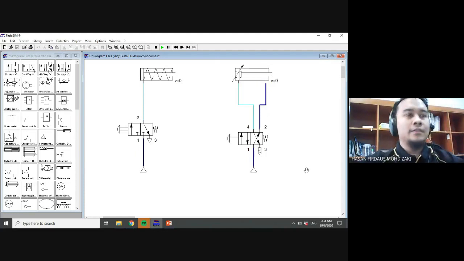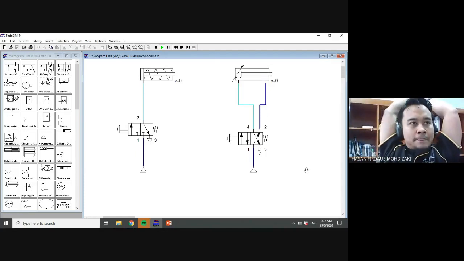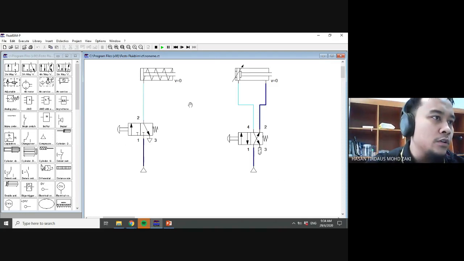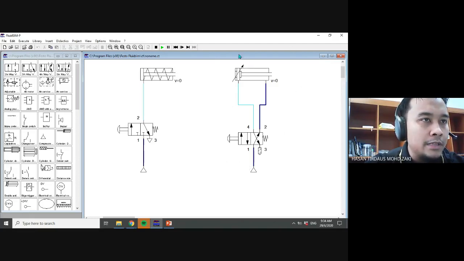Okay, that's two very basic circuits of pneumatics. This one you want to control the single acting cylinder. The second one you want to control the double acting cylinder.